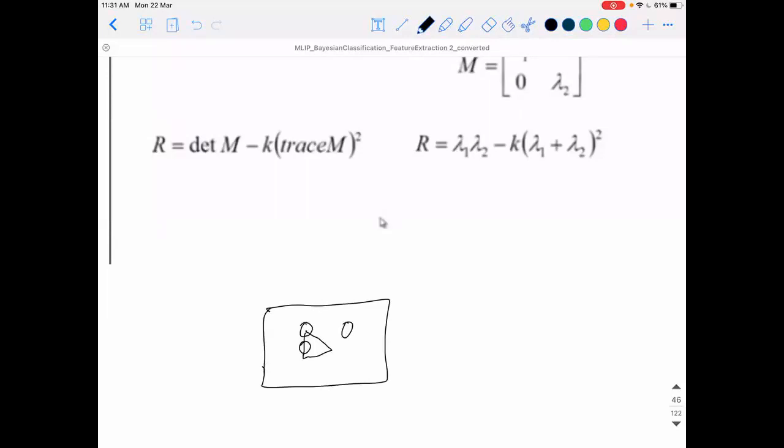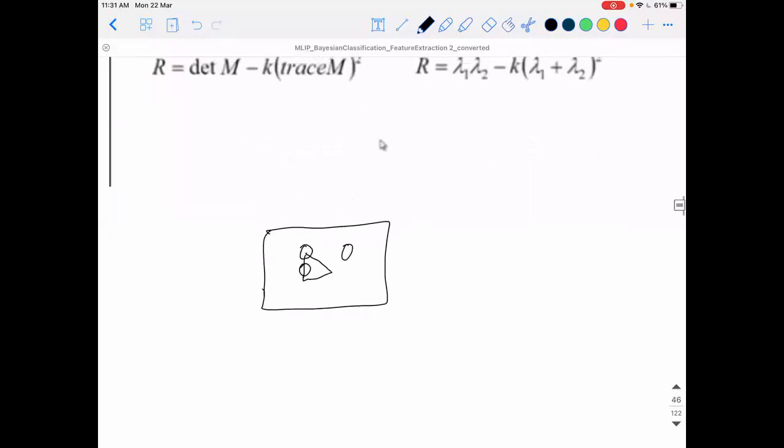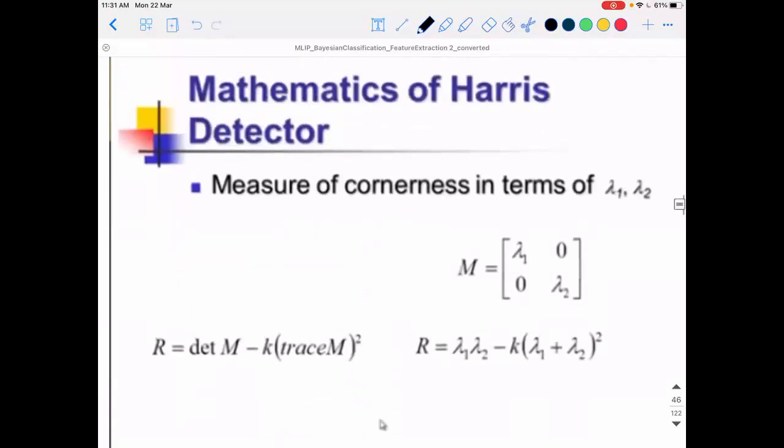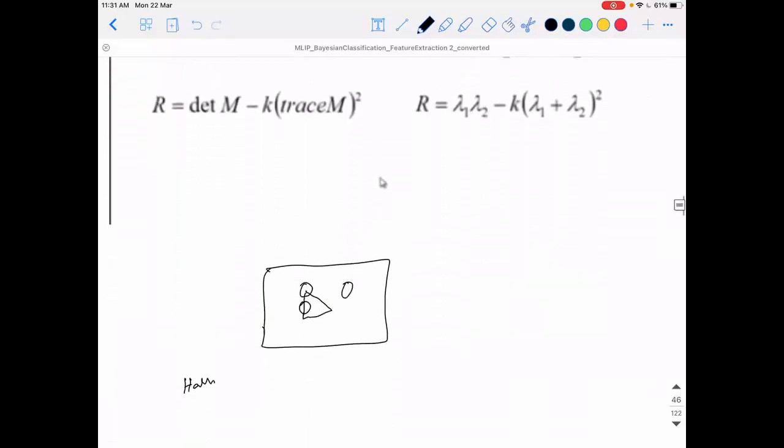Fine. Next question. Based on which it is developed. So what is the starting point for this? Please answer quickly. We will not be able to move on.